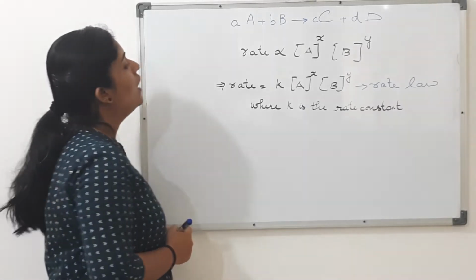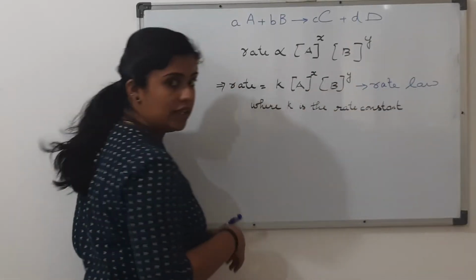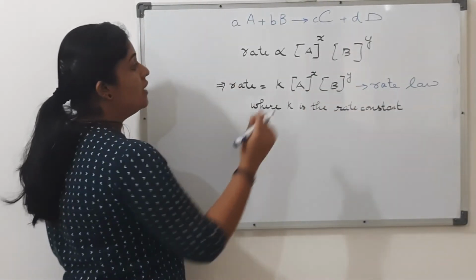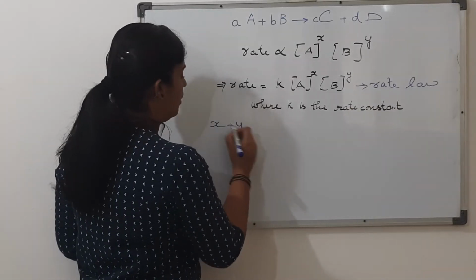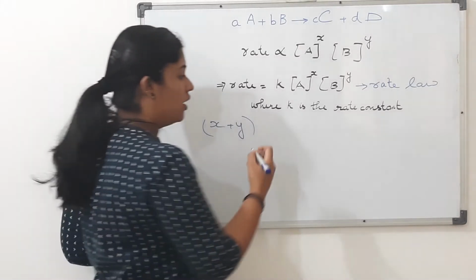And this x and y, as I told, are experimentally obtained, and the sum of these coefficients, that is x plus y together, is called the order of the reaction.